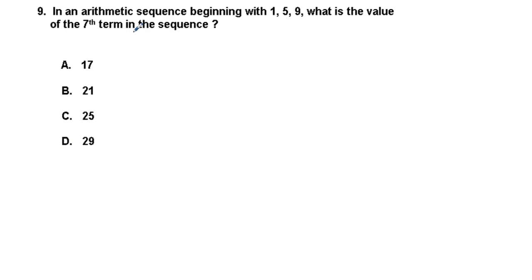9, in an arithmetic sequence beginning with 1, 5, 9, what is the value of the seventh term? Now, you don't have far to go, so you can just add. It looks like our common difference is going to be 4. So we can say 9 plus 4 is going to be equal to 13, and that's going to be our fourth term. 13 plus 4 is equal to 17.